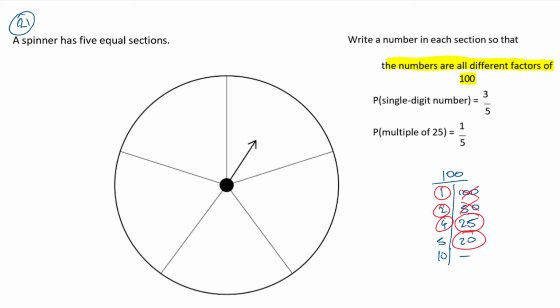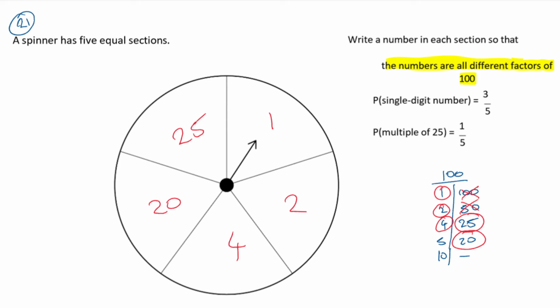I could have had 10 as well, I suppose, but I'm going to pick 20. So does that meet all the different criteria? The probability of getting a single digit number, 3 out of 5, that's all fine. Probability of a multiple of 25, 1 out of 5. Yeah, so let's put those in. So 1, 2, 4, 20, 25.